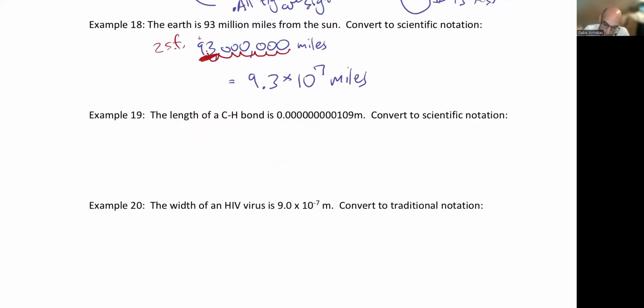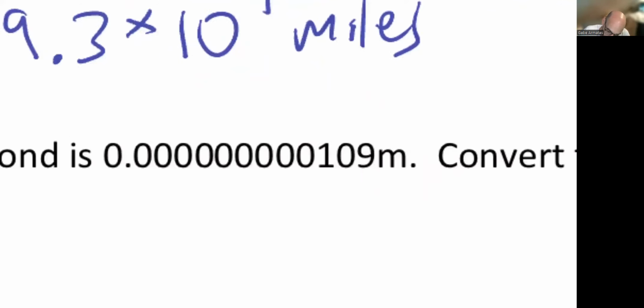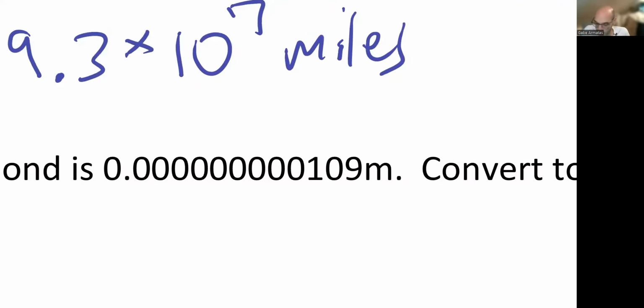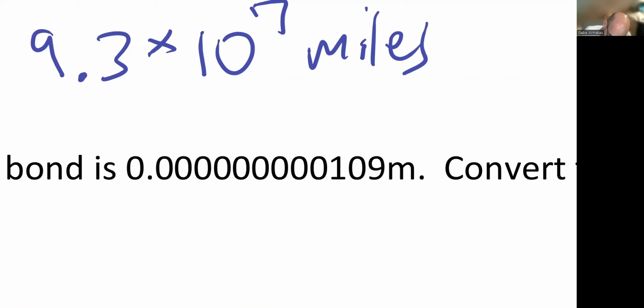All right, same thing here. The length of a carbon-hydrogen bond, you would never ever report this as a decimal because that's just tedious to look at. So same thing, let's take a look. I'm going to move the decimal 1, 2, 3, 4, 5, 6, 7, 8, 9, 10.